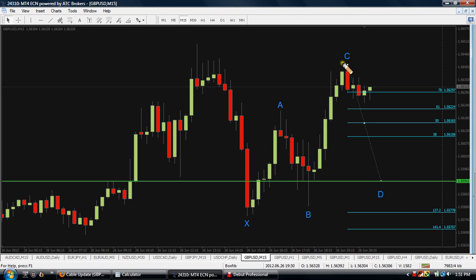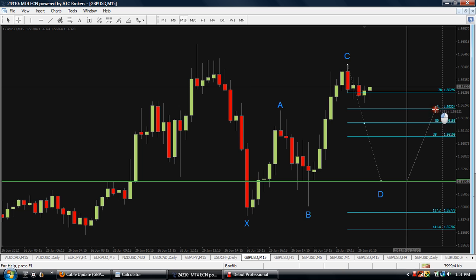If this C holds and this D holds, the retrace from C to D will be up to the 38 and the 61, and you know you've got your fib tool done properly on the retrace of C to D. Price is coming from C to D, retracing back to C, and your fibs need to be in ascending order from smallest to highest. 38 will be your first profit target, which is 19 pips.